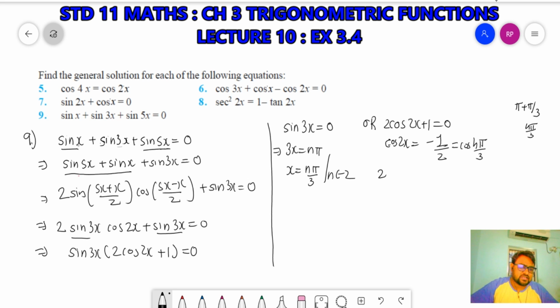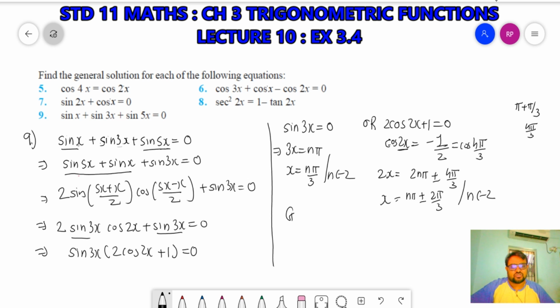Right? So 2x. I am not taking x, 2x. For cos it is 2n pi plus minus alpha. What is our alpha? 4 pi by 3. So x I will divide by 2. When 2 goes on this side, it is divided. So 2n pi by 2, n pi, the 2 gets cancelled. And here the twos cancel, so plus minus 2 pi by 3.